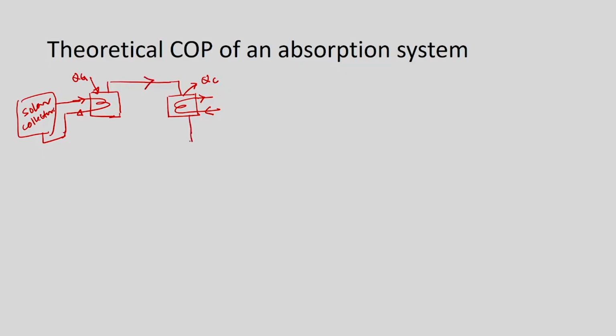And we will have expansion valve, and then we will have evaporator. Then from evaporator it will go to what is called absorber. So, this is absorber, and we have to circulate fluid to extract the heat of the solution.